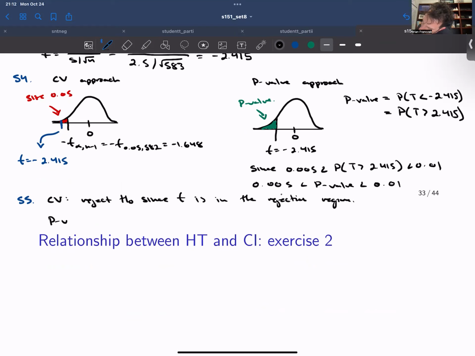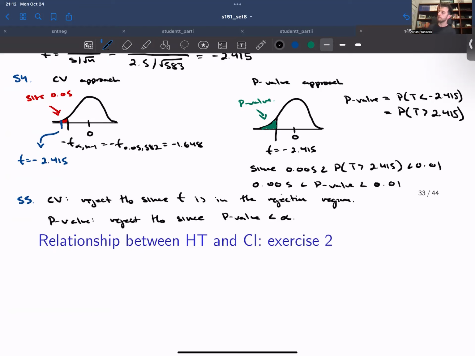And if we take the p-value approach, we would reject H0 since the p-value is less than alpha.